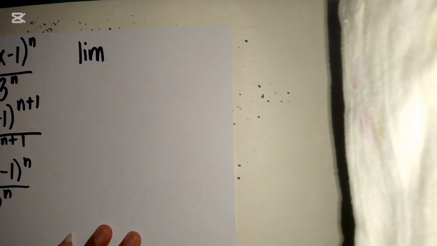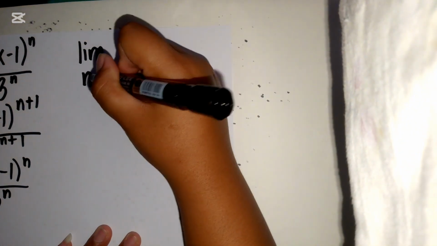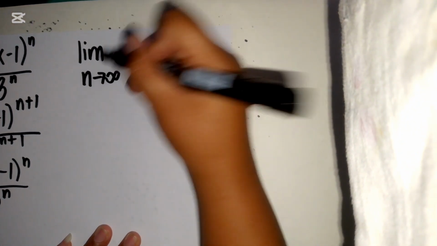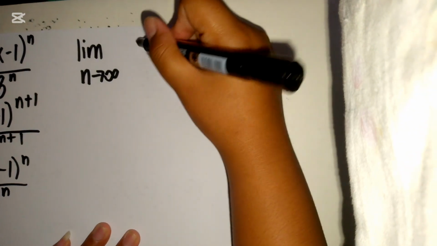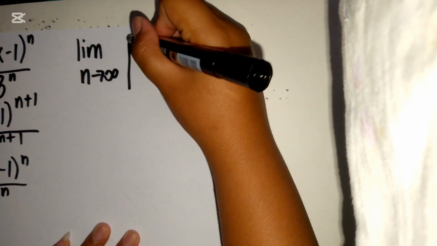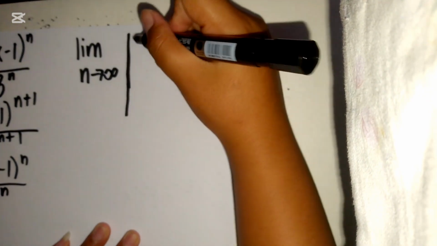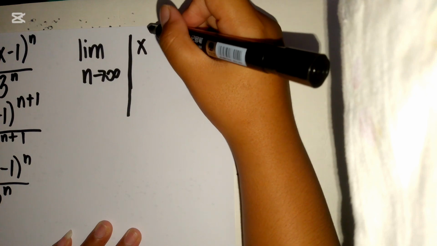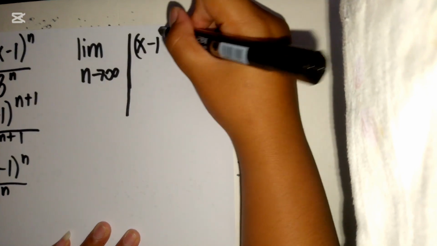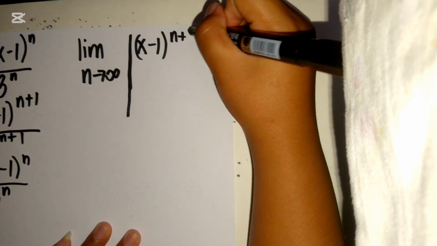And now we will be having the limit of n approaches infinity, and we will be substituting the a sub n plus 1 and a sub n, and it will be equal to a sub n plus 1 over a sub n.